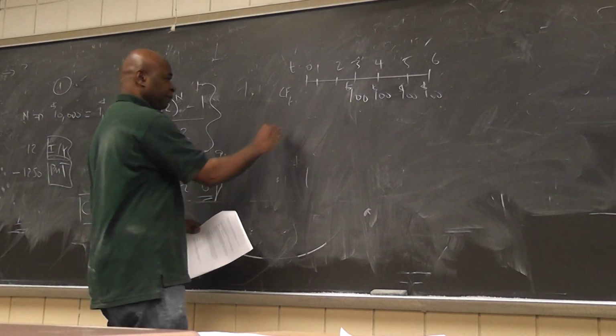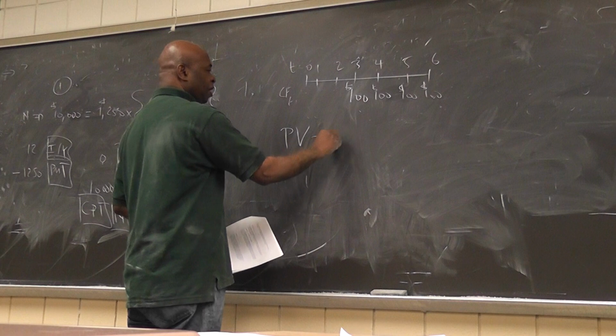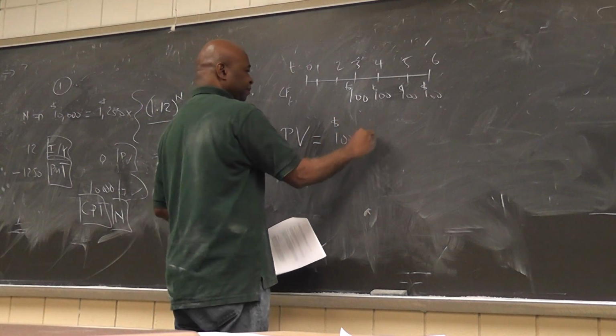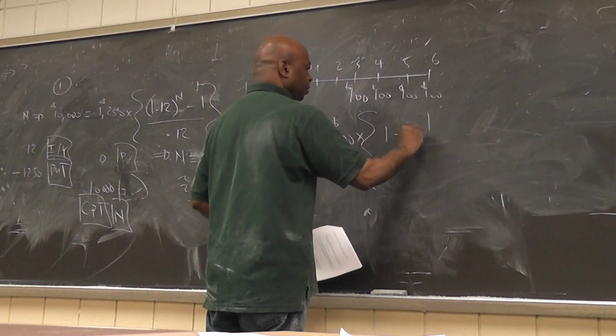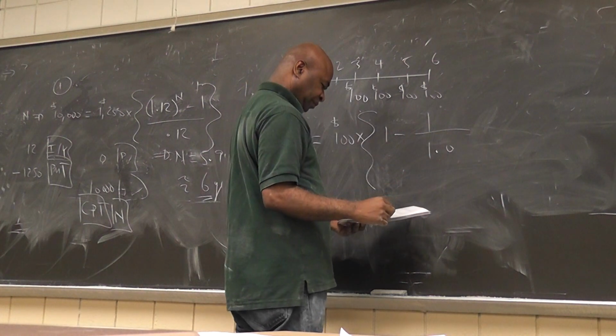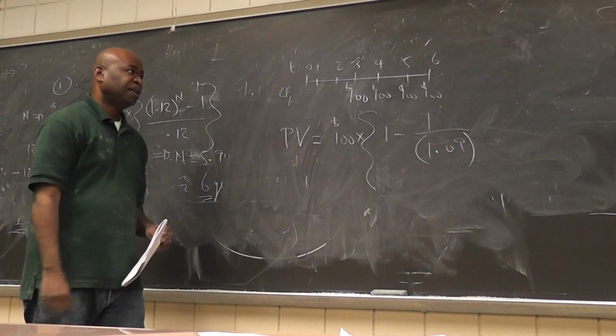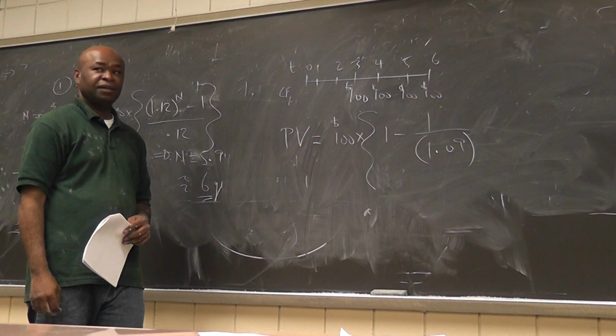Well, the present value of this annuity is going to be 100 times 1 minus 1 over 1.09, what is the rate here? 9. Raised to the power 4. Why?